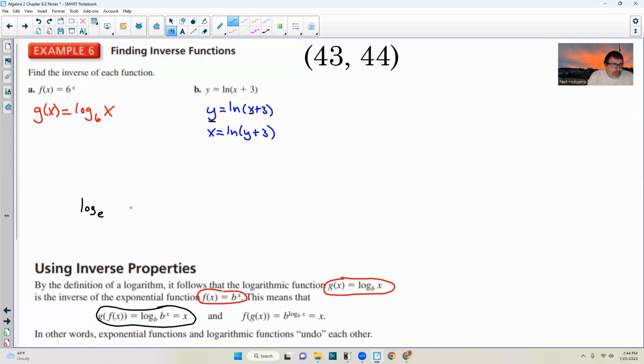So if I said the log base e of, how do I word this? Let me see, e to the x. If I had e to the x, then that would be log base e of something, whatever this equals, I'm going to get a value here.